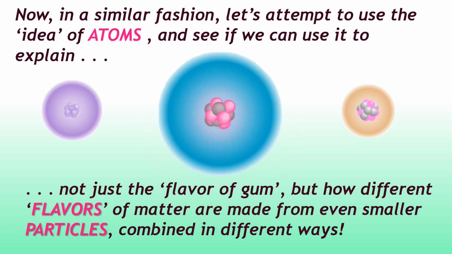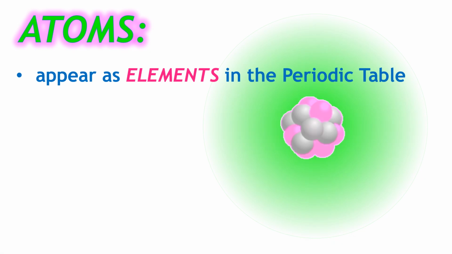So now let's see if we can use it to explain not just the flavor of gum, but how different flavors of matter are made from even smaller particles combined in different ways. So atoms do appear as elements in the periodic table. Here the pink spheres represent protons and the gray spheres neutrons, and the pulsing green area, the location of where the electrons are moving.